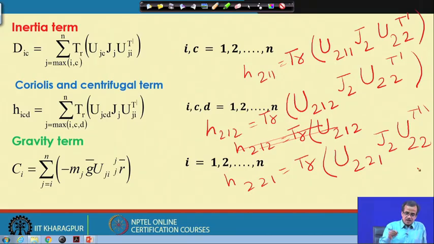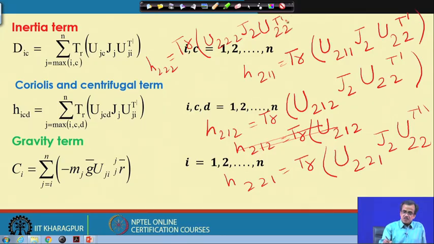Then I can also find out what is h 222. Here once again there will be only one term. So it is nothing but the trace of u, j equals to 2, c d equals to 2 2, then j 2, then u, j equals to 2 and i is also equal to 2, and transpose of that.